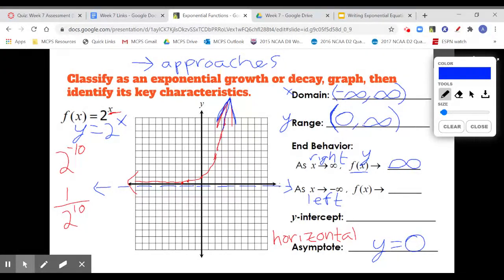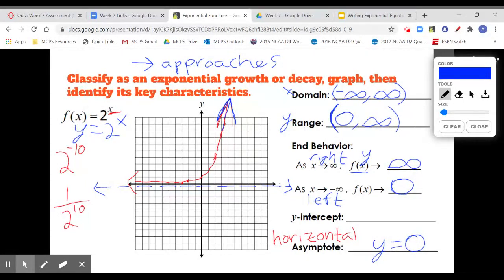But I'm looking for what value the function is approaching on the left side. Well, it is approaching that asymptote. So it is approaching 0, since 0 is the asymptote. Hopefully that made sense.